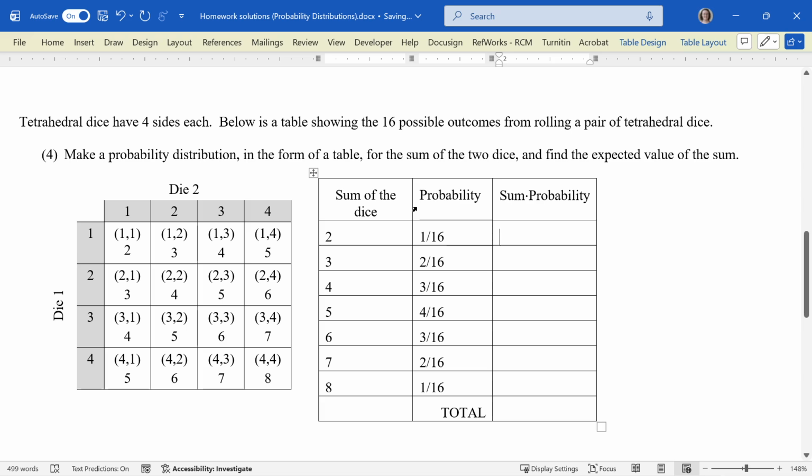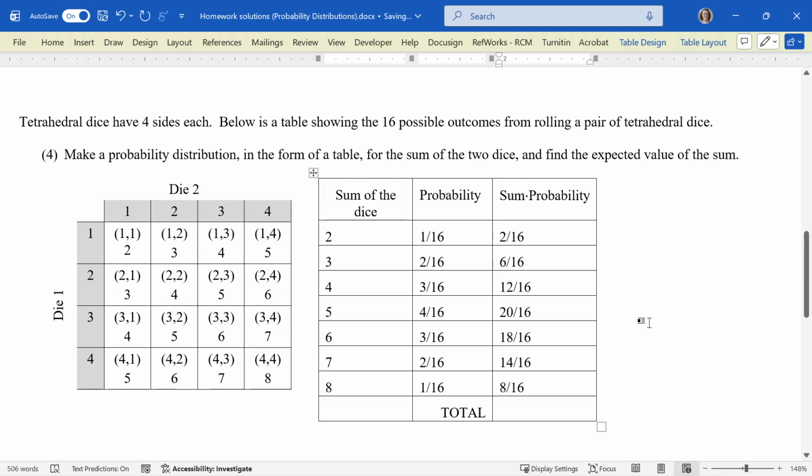All right, now we're going to multiply together the entries in these 2 columns. So again, you just multiply by the numerator. So 2 times 1 is 2, 3 times 2 is 6, 4 times 3 is 12, 5 times 4 is 20, 6 times 3 is 18, 7 times 2 is 14, 8 times 1 is 8.